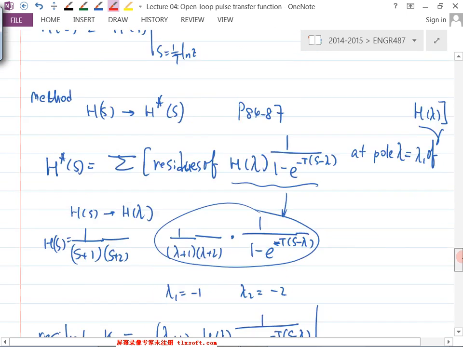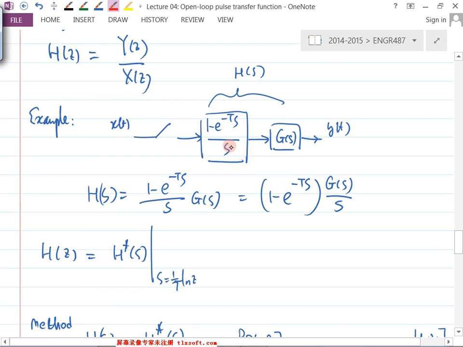So what I need you to remember is this. First of all, there is a zero order hold here, and there is an impulse sampler in front of it, and there is a transfer function over here. When you try to get the pulse transfer function, you multiply them together.